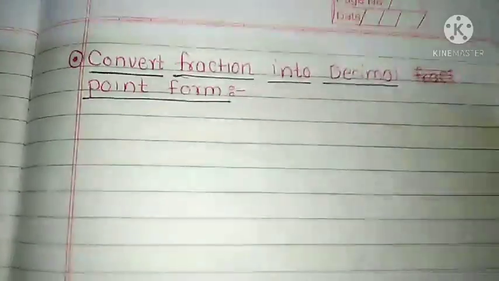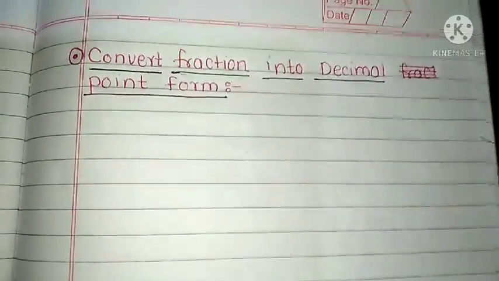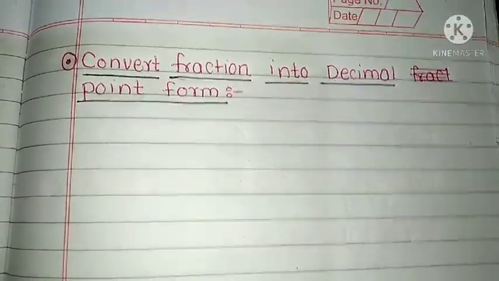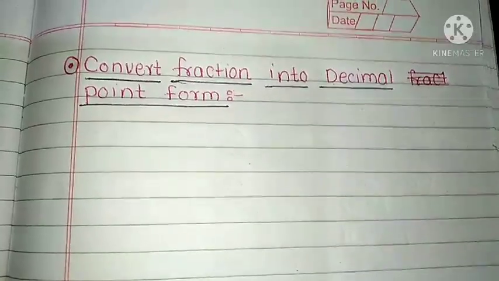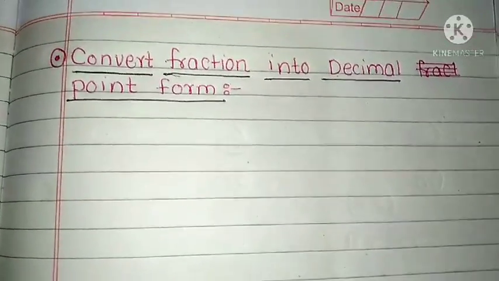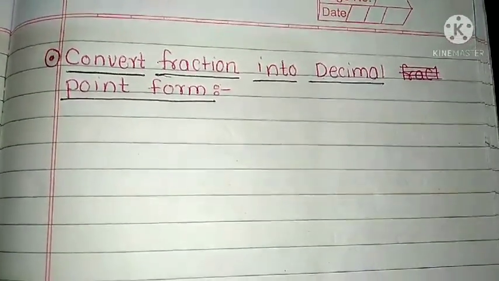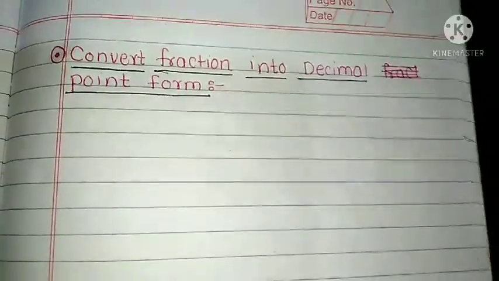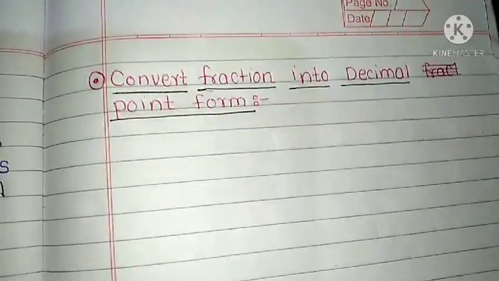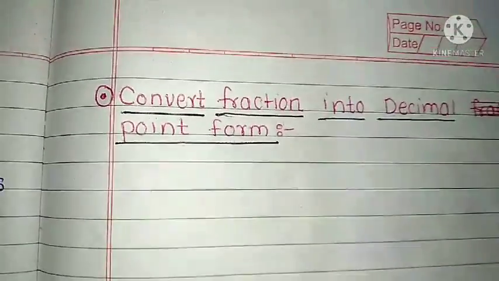Now in this video we are learning a new thing about decimal fractions: how to convert a fraction number into decimal point format. If a decimal fraction is given, we have to convert it into decimal point format.